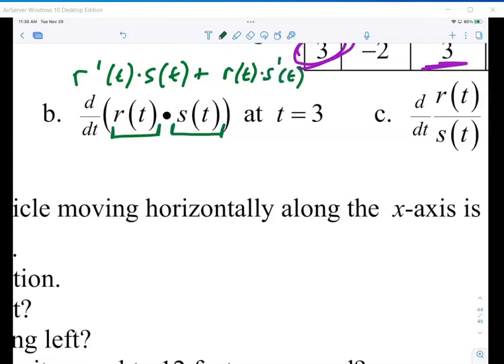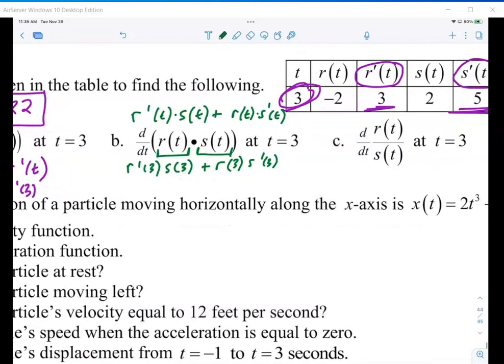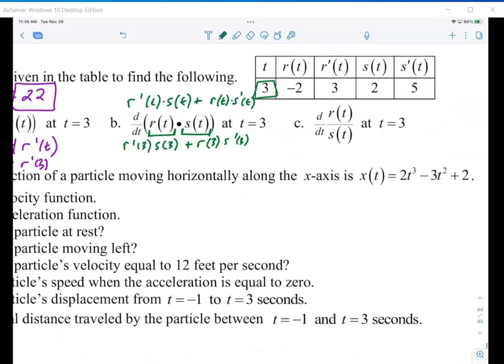Now, at time 3, it's basically asking me, what's r prime of 3? What's regular s of 3? What's regular r of 3? And then what's s prime of 3? All of that, you guys, is just going to come directly from the table. This tells me they're all at 3. It only gave me 1 row because that's all I needed.